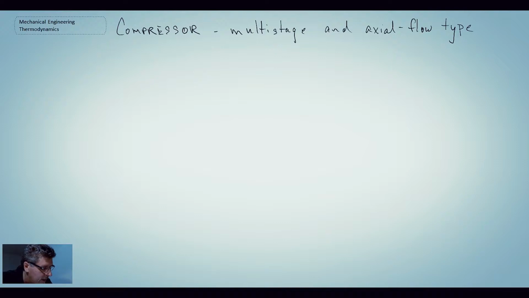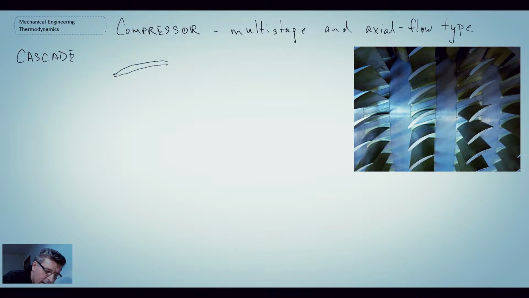And typically what you could see in the video is referred to as a cascade. Here you'll have compressor blades that are very thin, and you'll have a stator row. They call it the stator row because it's not moving, it's stationary. And that is followed by the rotors.